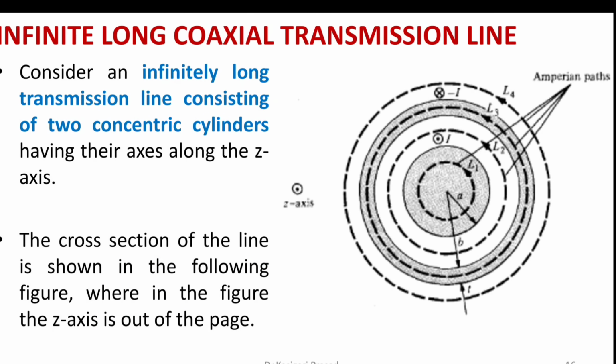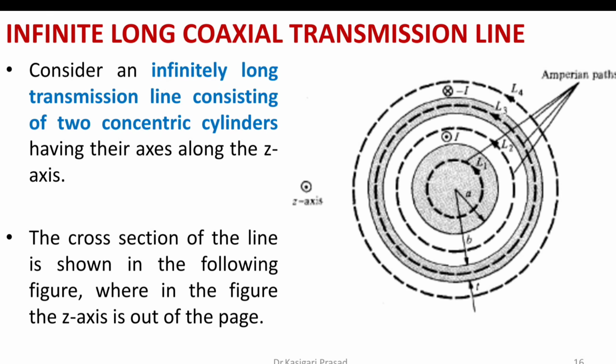Now we continue for an infinite long coaxial transmission line. Let us consider an infinite long transmission line consisting of two concentric cylinders having their axis along the z axis. As shown in this figure, we have coaxial transmission lines which have an inner conductor as well as an outer conductor, two concentric cylinders.